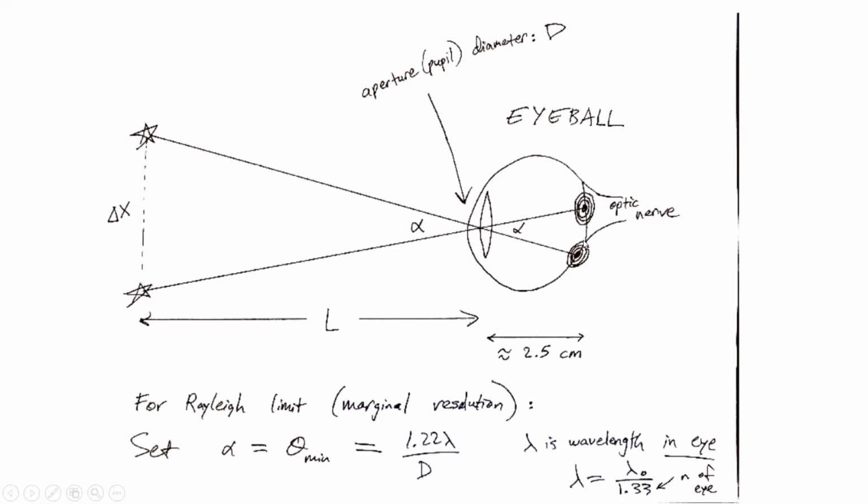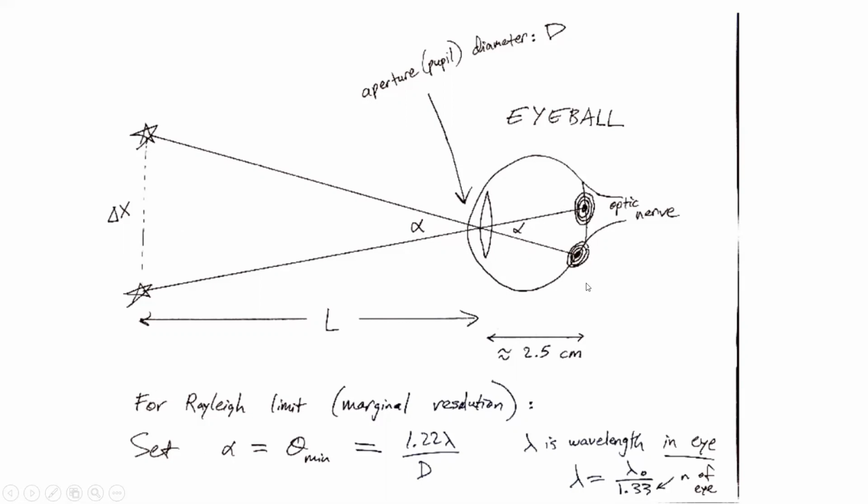And that distance L is 2.5 centimeters. I've actually used the capital letter L for a different purpose in this diagram because that is what your book does. So right now we're using L as the distance from the headlights to your eyeball. But if you think back to chapter 33, L would have been more appropriate to use as the distance from pupil to retina because that's really from the hole to the screen.